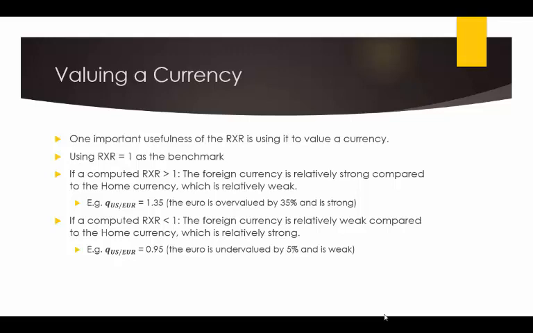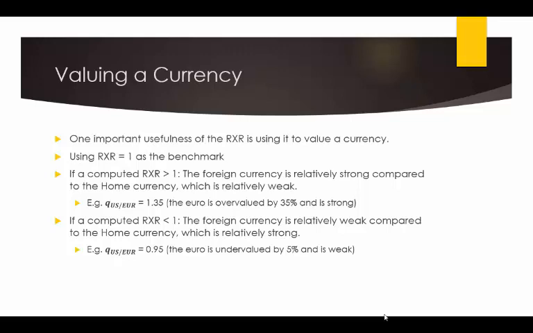If the real exchange rate for any two countries' baskets is greater than 1, then the nominal exchange rate is providing a valuation that makes the foreign basket more valuable. The foreign currency is therefore overvalued. So if the US-Euro real exchange rate is 1.35, this means that the euro is overvalued by 35% and is therefore strong relative to the dollar.